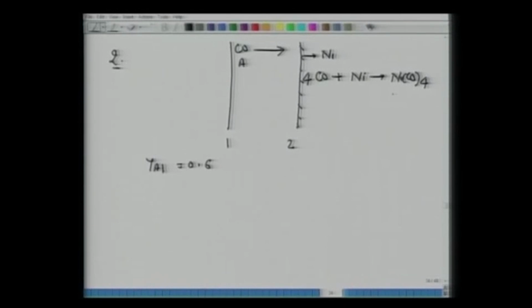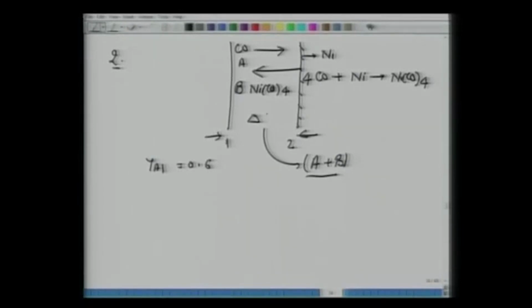Now this product, nickel carbonyl, also diffuses back into the bulk. So we have B as nickel carbonyl. The important thing to understand is that we have a binary mixture of A and B, with carbon monoxide diffusing from 1 to 2, and the product diffusing back into the bulk mixture of A and B. There is a chemical reaction, but it takes place at plane 2.